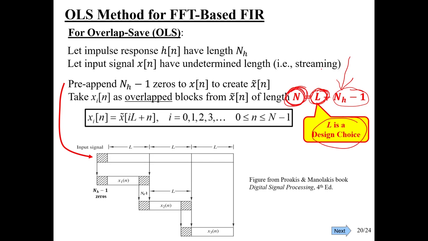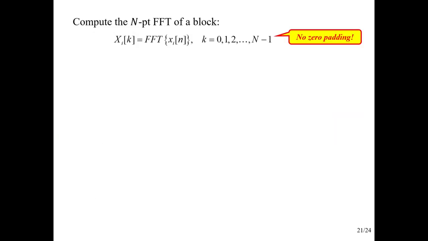Typically, we pick L to be bigger than NH minus 1. So now, no zero padding. Our block has actual values in it over all of its positions when it goes into the FFT.